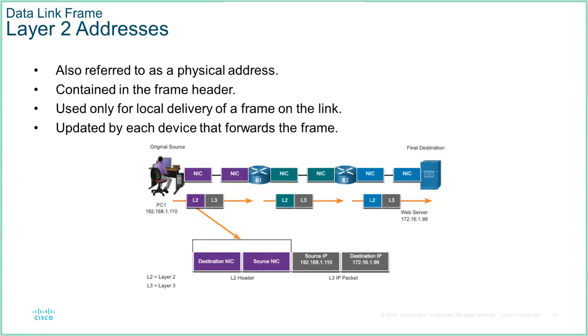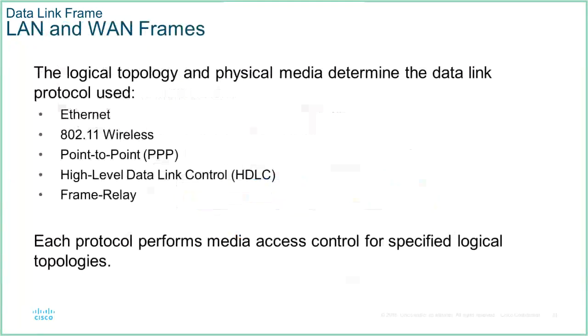So layer 2 framing tells the device to pick it off the cable. It removes the headers and the tails, looks at the packet, actions it, re-encapsulates it, and moves it along. Thus, per hop. Each media type has a different set of layer 2 framing information that it needs to apply.